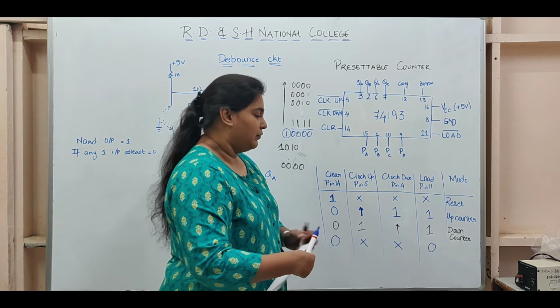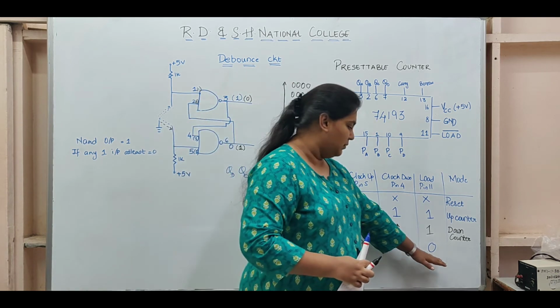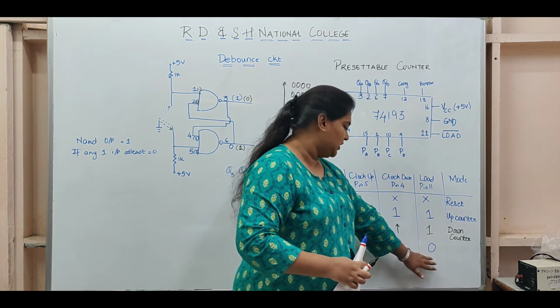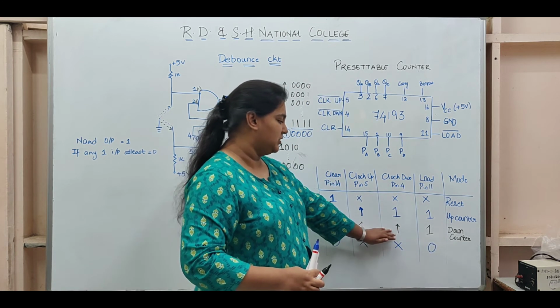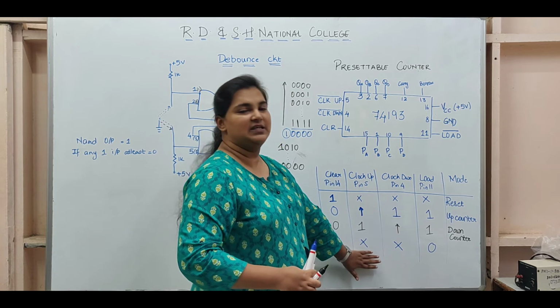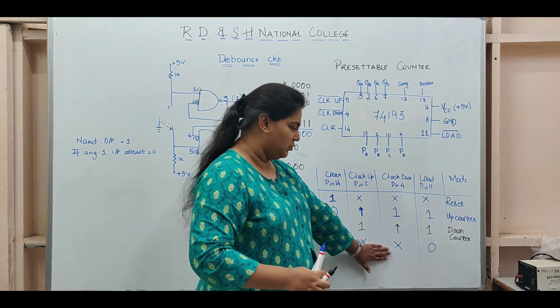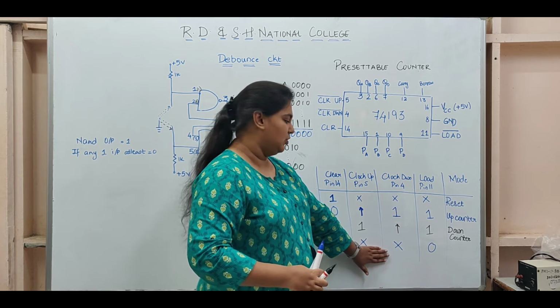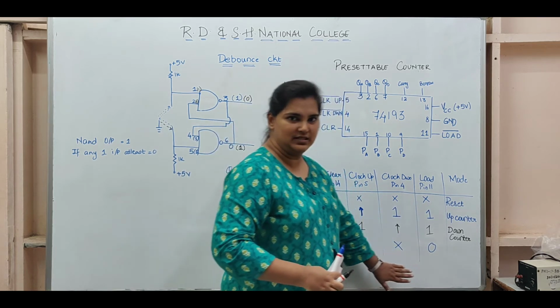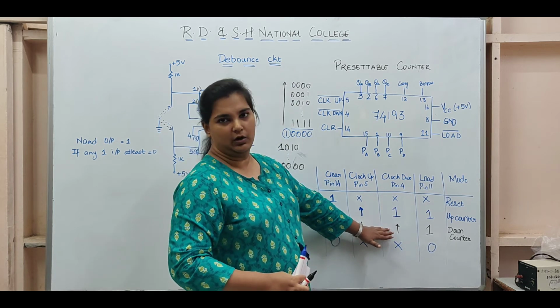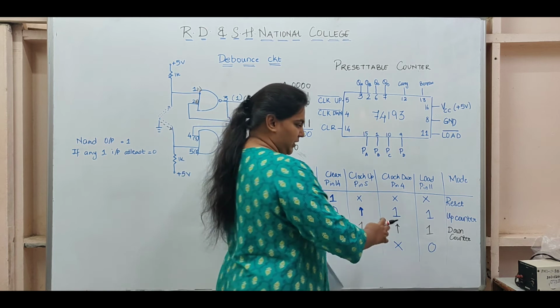But for you to run it from your preset upwards or downwards, you will have to immediately switch to the up or down state, keeping this preset locked. So we will start counting from here in an upward or downward direction depending on whatever you have set in this state. But immediately from here you will have to jump to that up or down count. So this is just preset.